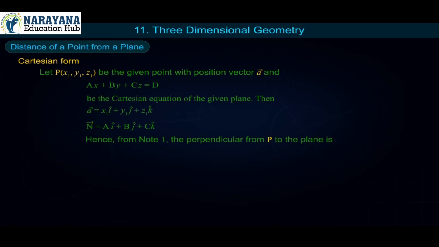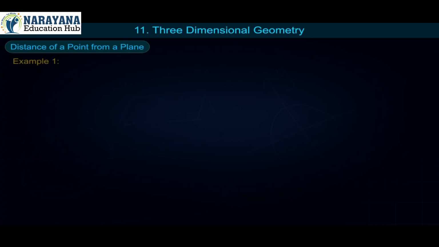Hence, from note 1, the perpendicular from P to the plane is equal to modulus of ax1 + by1 + cz1 − d upon square root of a² + b² + c².